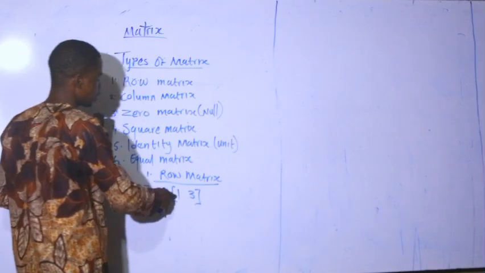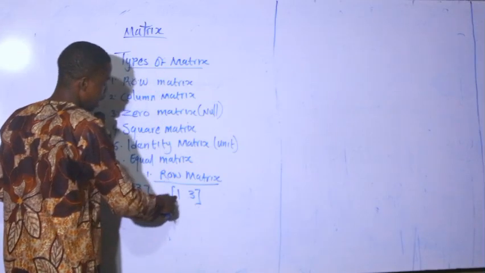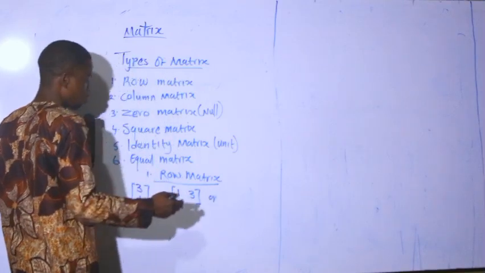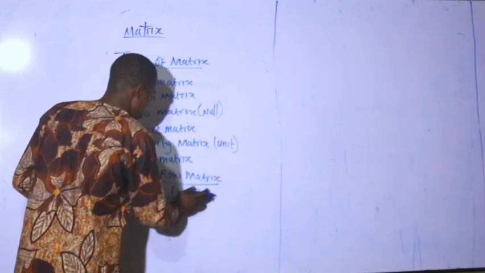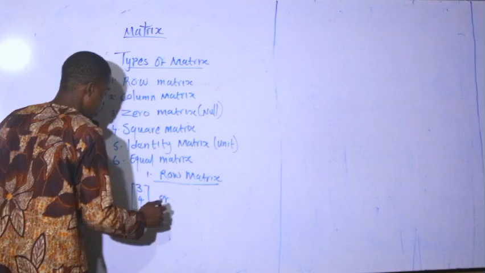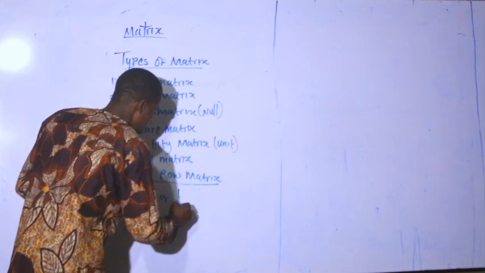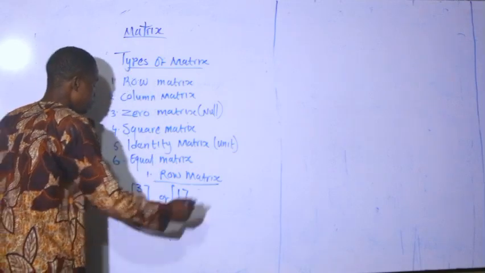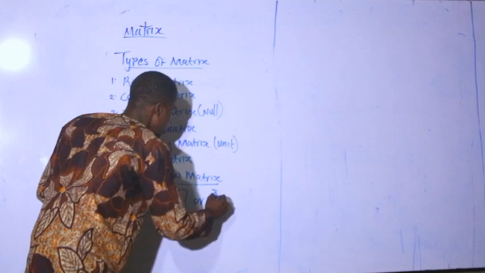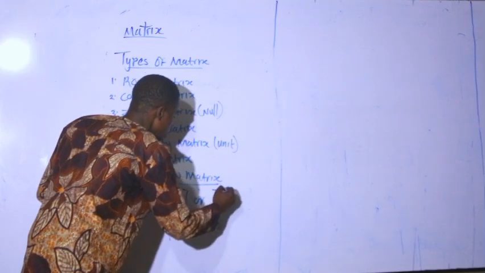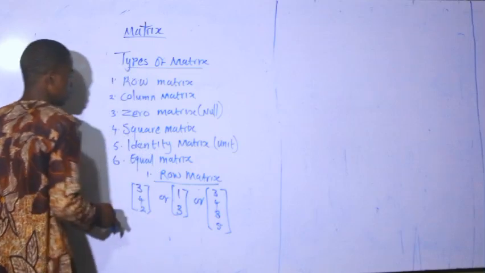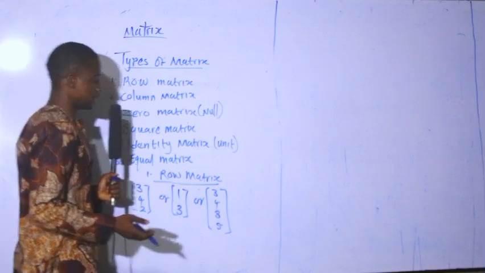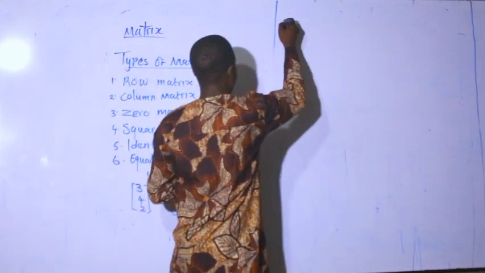This one is 1 by 2. It can be in a different form, like 1 and 3. It can be in 4, 4, or like this. A row matrix can be like this, like this, like this.